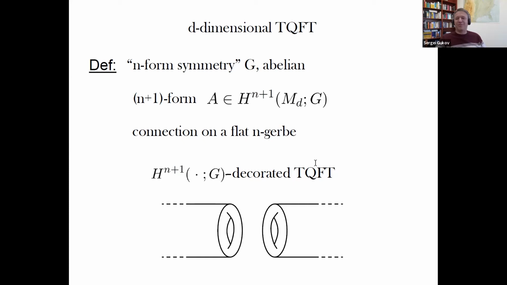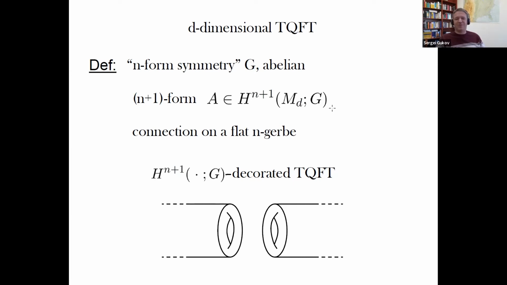We'll talk only about flat gerbes, and a connection on a flat n-gerbe is an (n+1)-form. In other words, if you have a usual line bundle, which is a 0-gerbe in this sense, the connection is a 1-form, and its corresponding holonomy data is classified by H_1 of our d-dimensional manifold, if the TQFT lives in d dimensions, with G coefficients. So for me, G will be abelian from now on.